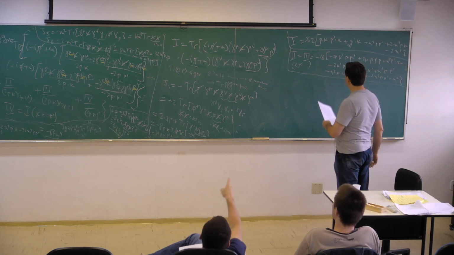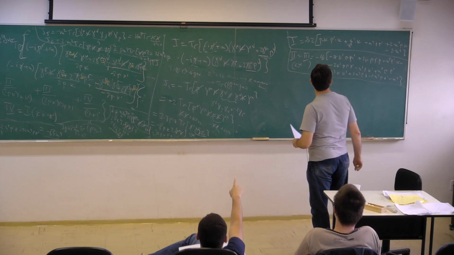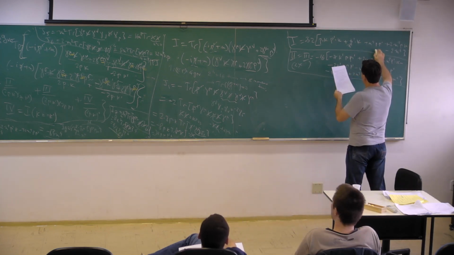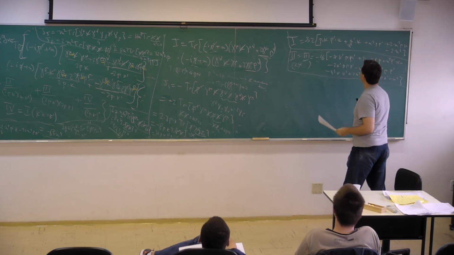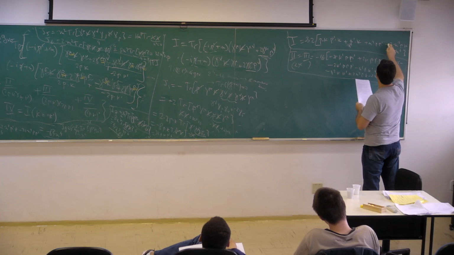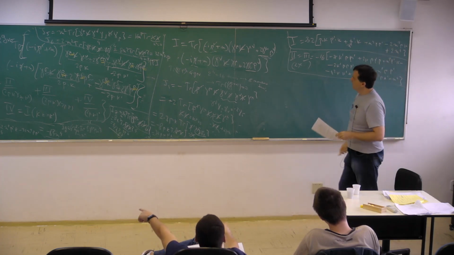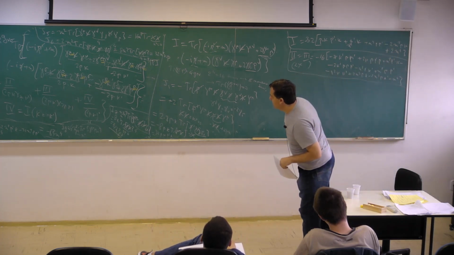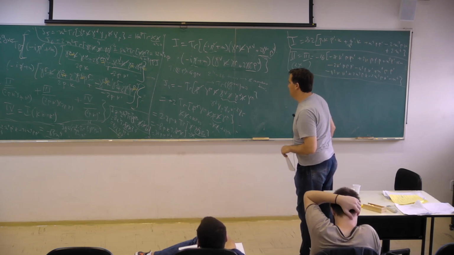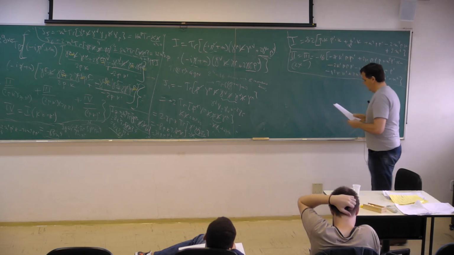Last two, let me see. I copied the wrong sign. Yeah, you copy from there, from this part to the top. Minus 32. Minus 32. Yeah. Okay. Thank you.